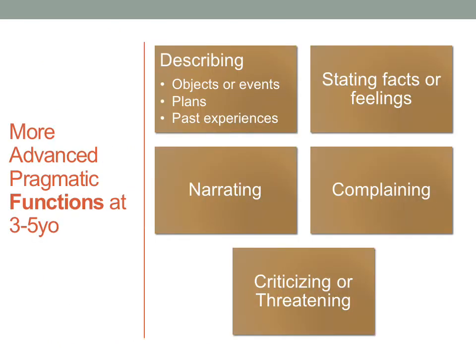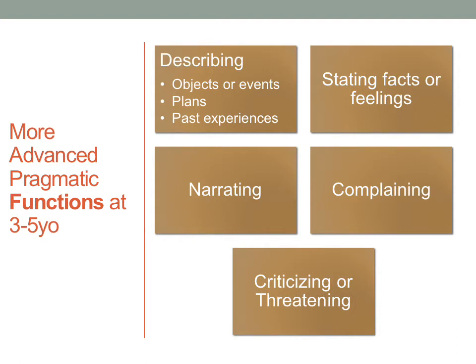What's happening though in the 3 to 5-year-old time period? Preschoolers are starting to learn much more advanced pragmatic functions, and they're adding things like describing objects or events, describing plans, describing past experiences. Now notice when I say this that we're talking about a child who has better cognitive abilities, right?